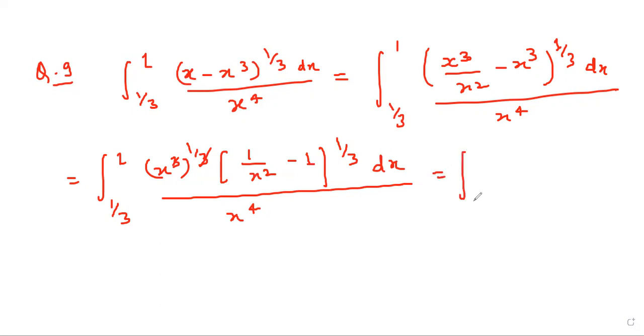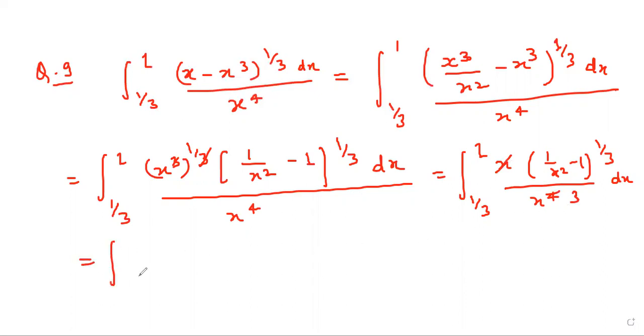So we will have 1 by 3 to 1, x, 1 upon x square minus 1 power 1 by 3 divided by x power 4 dx, where 1 x will cancel out and in denominator x cube will be left. So our question will be 1 by 3 to 1, 1 upon x square minus 1 power 1 by 3 dx divided by x cube.